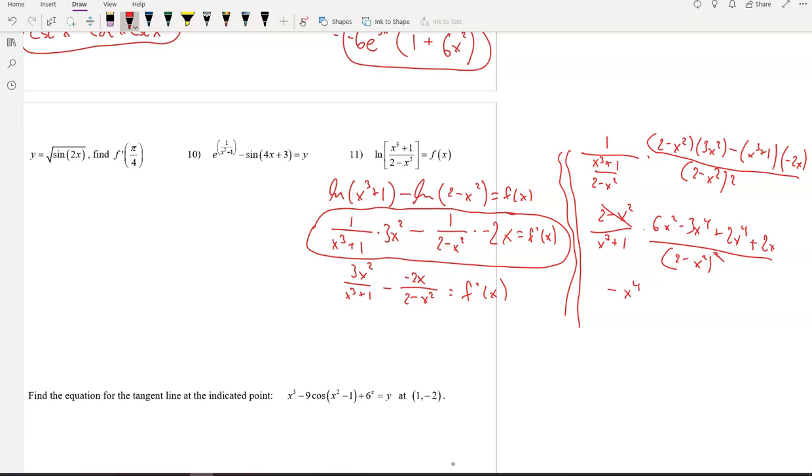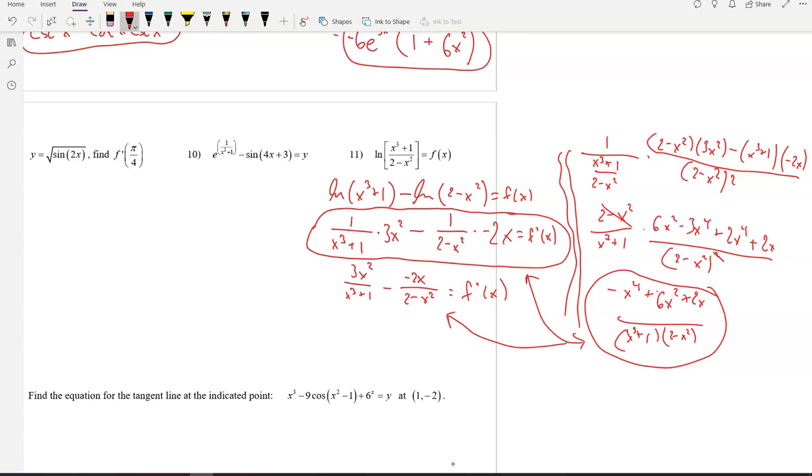Negative x to the fourth plus 6x squared plus 2x, all over x to the third plus 1 times 2 minus x squared. Woo. Okay, and these two things should be equivalent to that, or that, if you like. I can kind of buy it because we would need to get a common denominator here and here to be able to combine them together, and the common denominator would look like that. So, yeah, maybe, if I do my math correctly there.